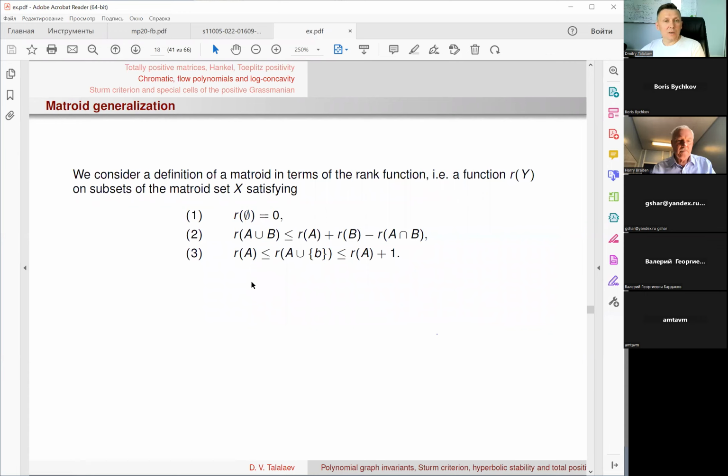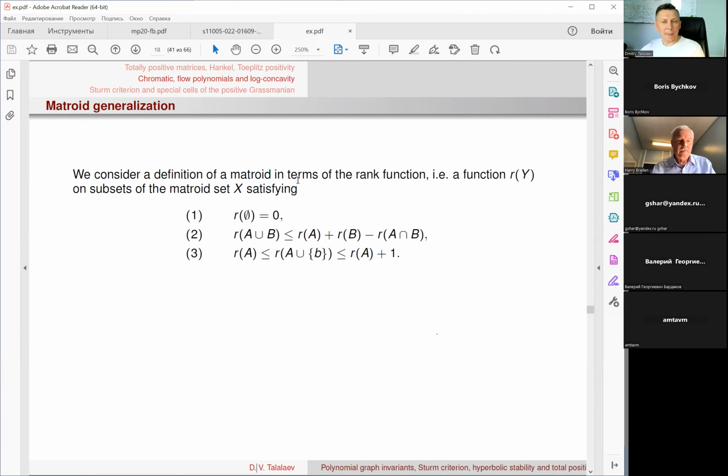And Huh produced a very powerful generalization of this result to the category of matroids. I'd like just to recall one definition of a matroid in terms of the rank function.